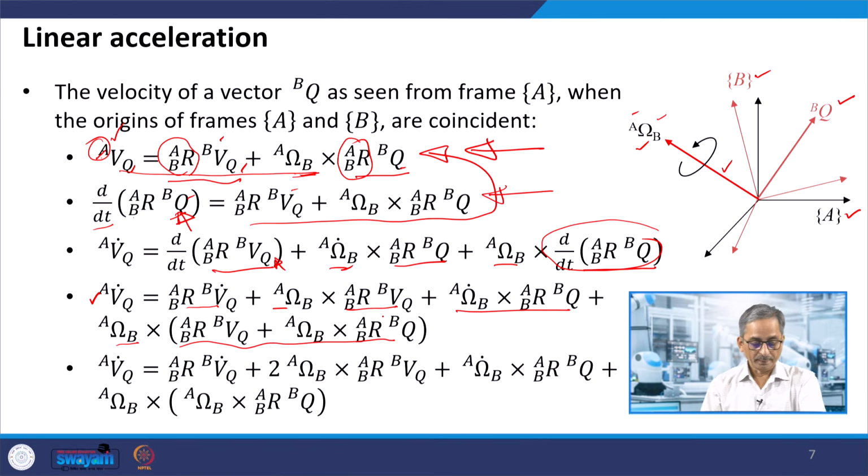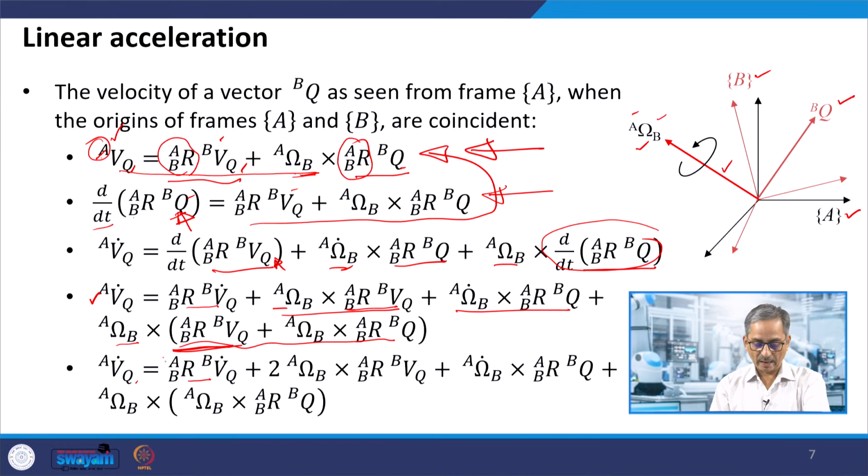Next, I can further simplify this. The first term remains as it is, and then we have omega of B expressed in terms of frame A with this velocity term. We are going to get two such terms, one is this term and another is this term.